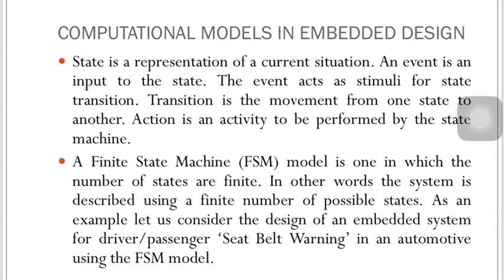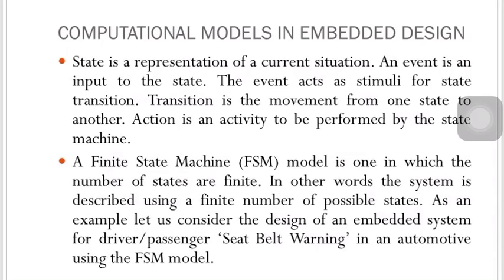Here we can understand that a state is a representation of the current situation. Whether the motor is on or off, that is the current situation. An event is an input to the state, whether the water level is full or empty, right? The event acts as a stimulus for the state transition.